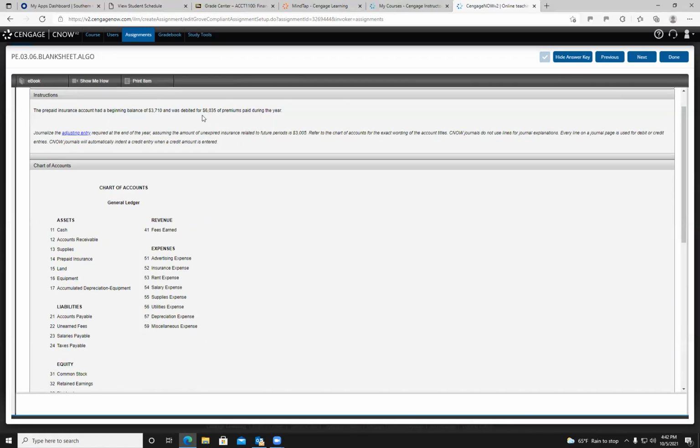If we already had a balance of $3,710 and it was debited $6,035 with premiums during the year, we will be adding those two amounts together, because that was our beginning balance, and then that was additional debits to that account. So you're going to start out by adding these two amounts together.